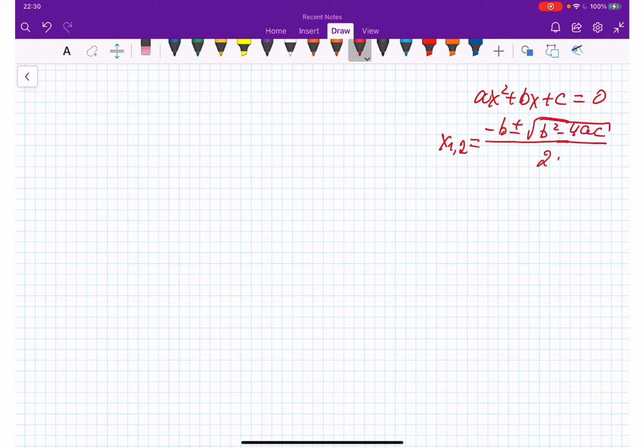Any type of quadratic equation, you can solve with this formula. It's a way of solution.